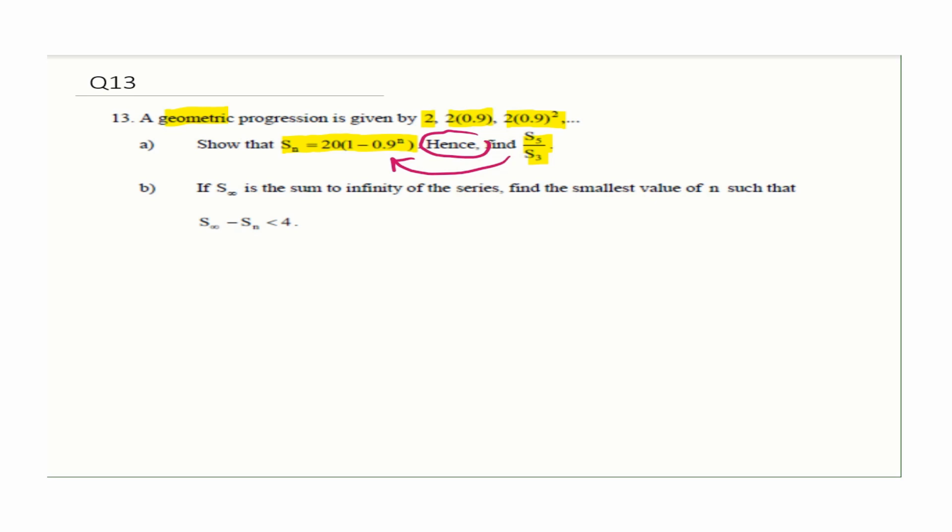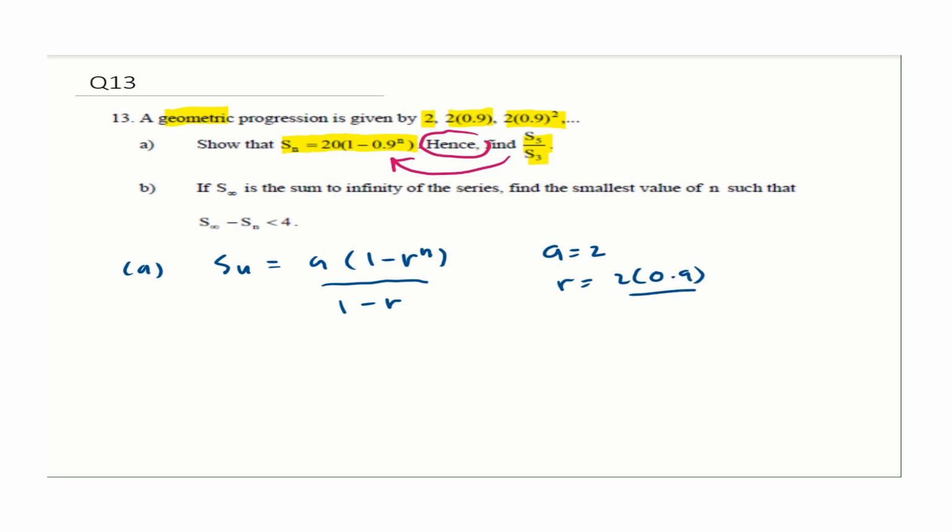Okay. So for question A, first we have to show Sn. So substitute into the formula Sn. Sn is equal to A times 1 minus R to the power n over 1 minus R. A here is 2 and R is 2 multiplied by 0.9 divided by 2, we get 0.9. So R is 0.9.